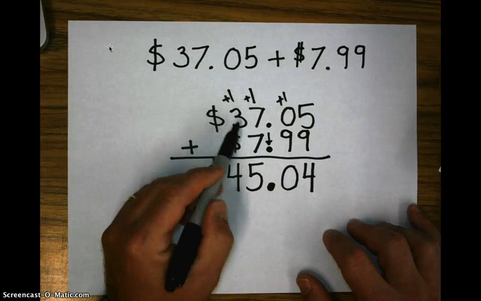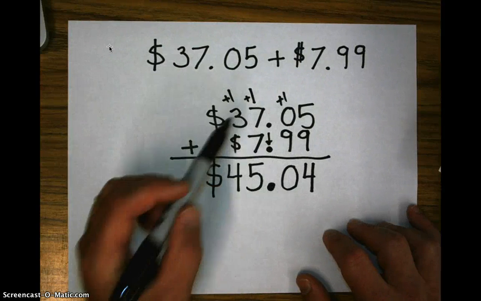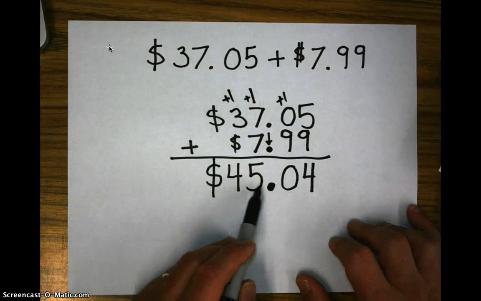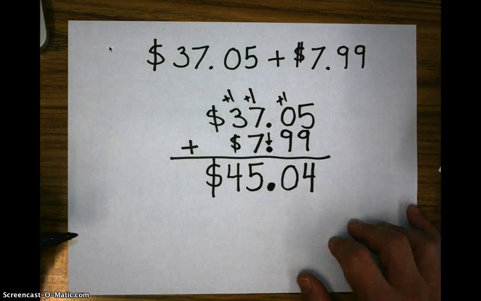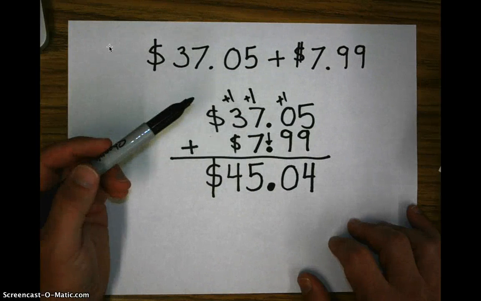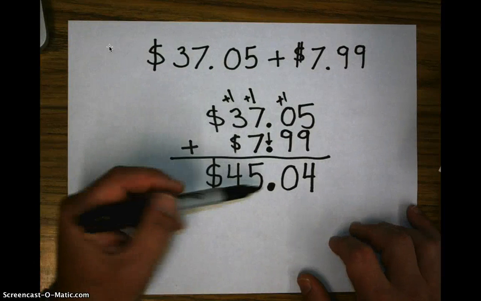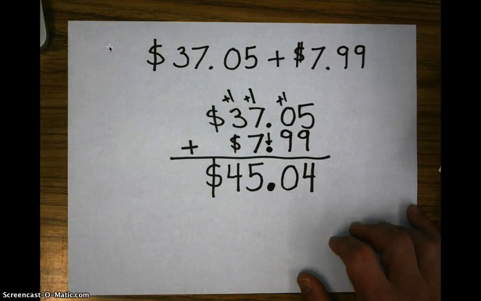So if I take $37.05 and I add $7.99, I'm going to get exactly $45.04. I could have approximated 37 plus 8, which would have given me $45. So pretty close, even if you estimate.